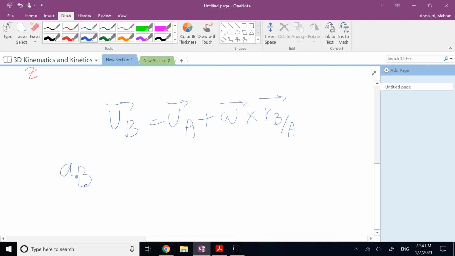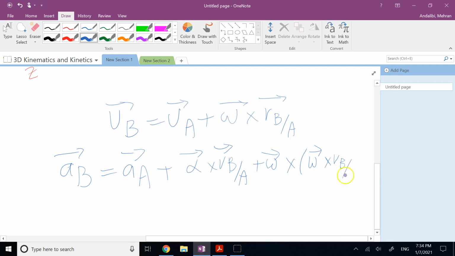And if I say A of B is A of A plus alpha cross R of B with respect to A plus omega cross omega cross R of B with respect to A, this is still valid. So please pay attention here about this centripetal term.